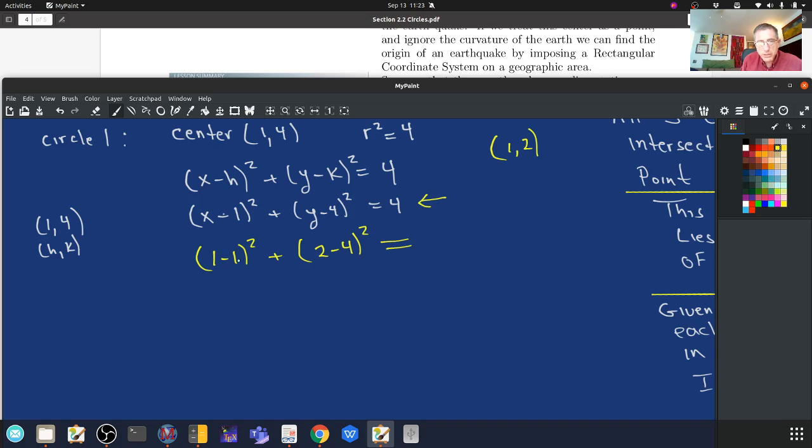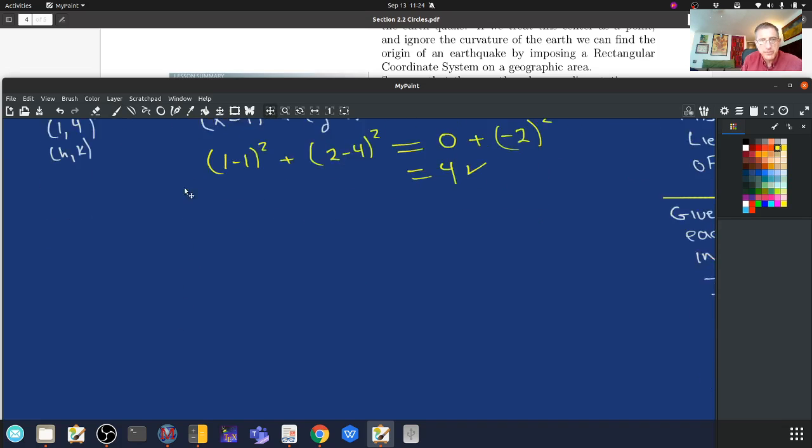Well, 1 minus 1 squared, 1 minus 1 is 0, 0 squared is 0, and 2 minus 4 is minus 2, and I'm squaring it. But minus 2 squared is equal to 4. So the first circle checks out.